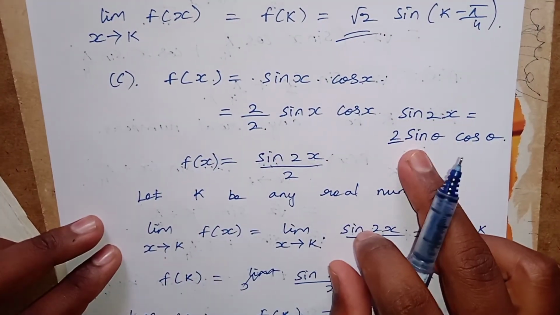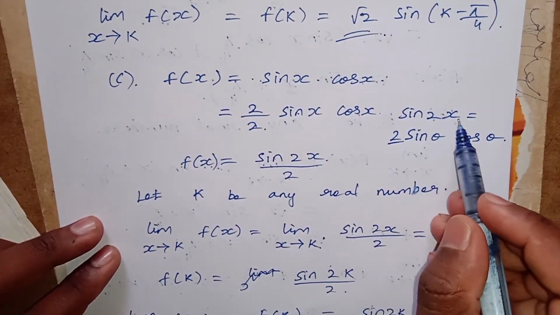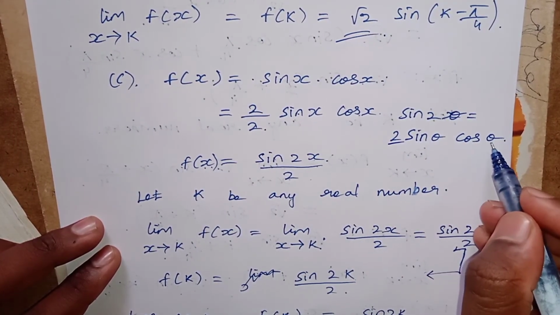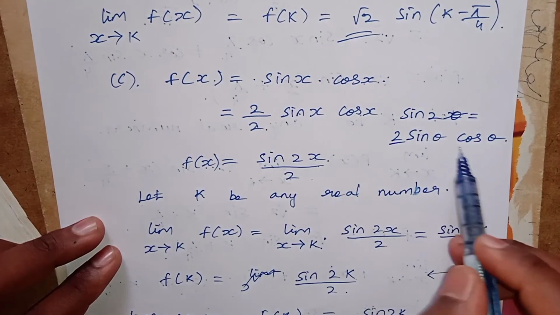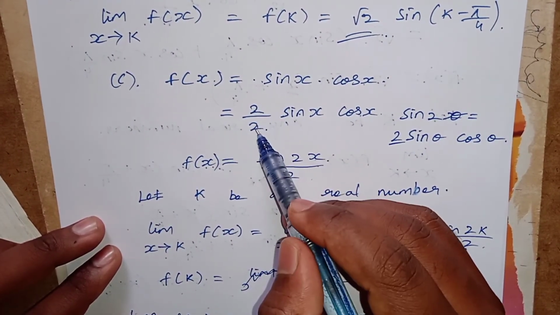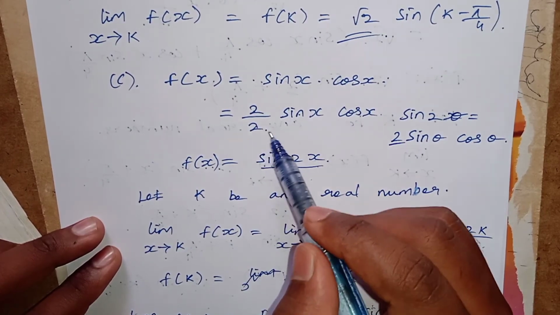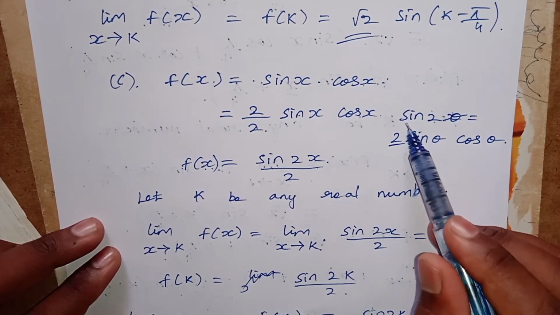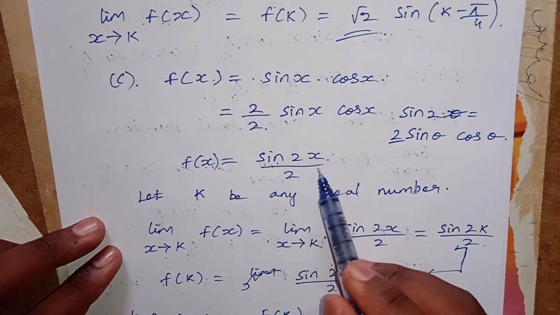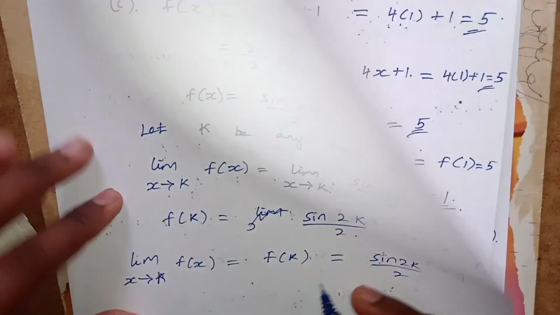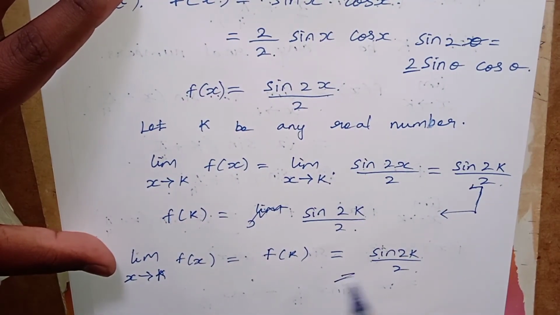Here you have to take the formula sin 2 theta is equal to 2 sin theta cos theta. Therefore here sin theta cos theta is available, but 2 you have to take. Therefore we have to multiply and divide by 2. Therefore here in the numerator you can reduce to sin 2 theta divided by 2. Therefore let k be any real number. Therefore here it is continuous.